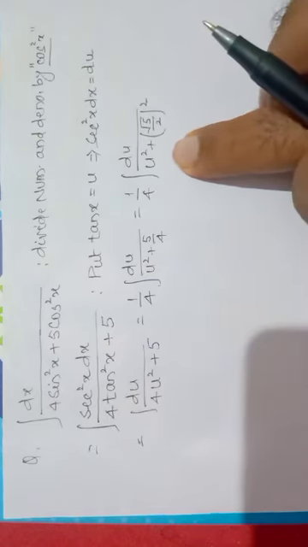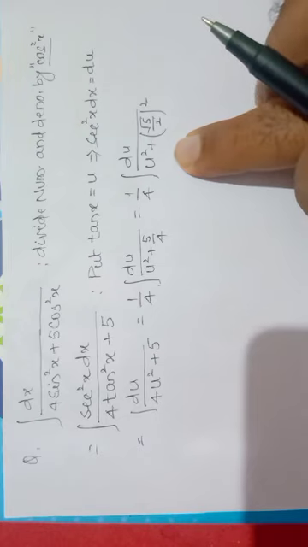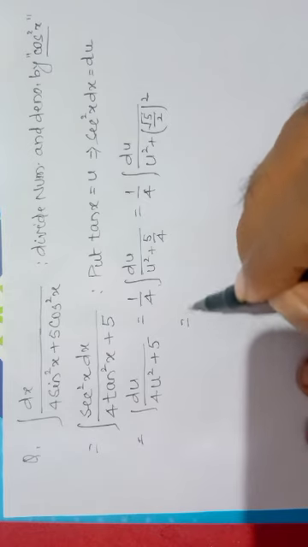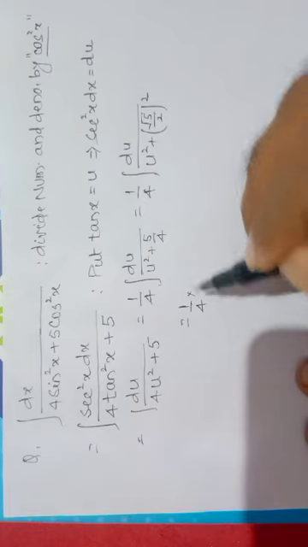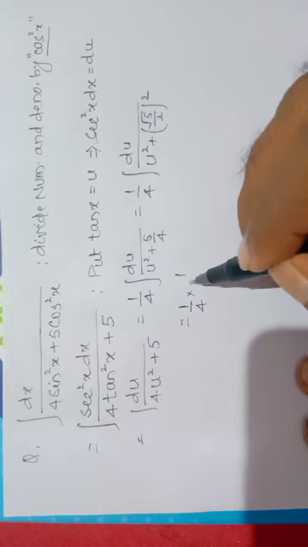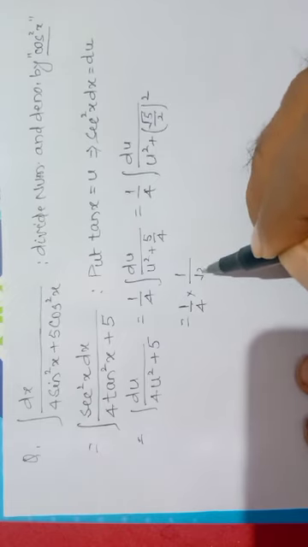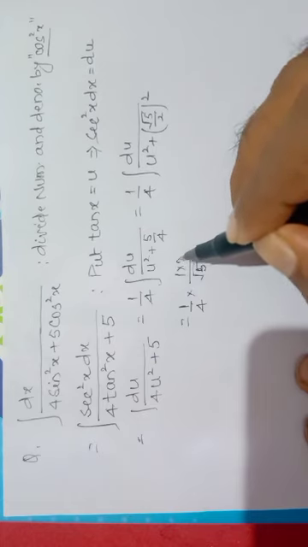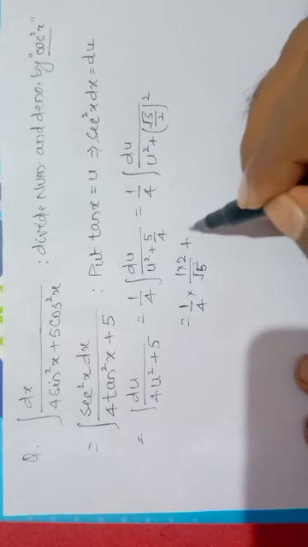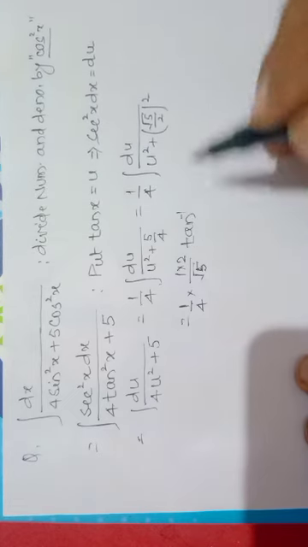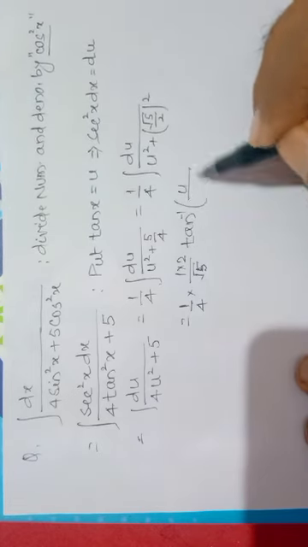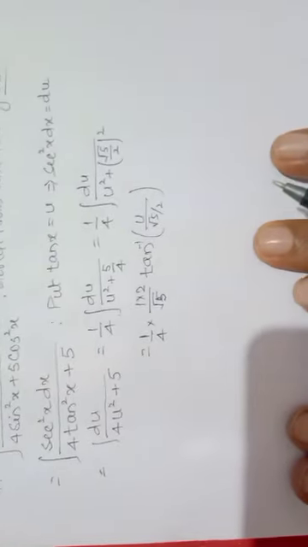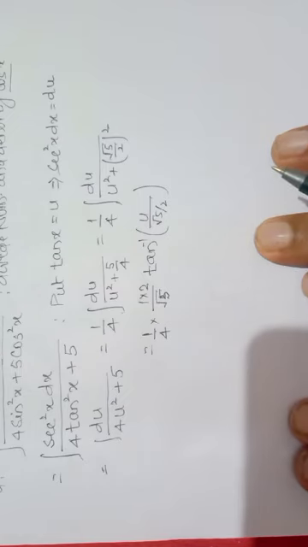So apply the identity. These were all derived yesterday; today I also recapitulate it. So 1 by 4 is already here. Apply the formula: 1 by a means 1 by root 5 by 2, which goes to numerator. Tan inverse of u by a means u upon root 5 by 2. Simplify and put the value of u.